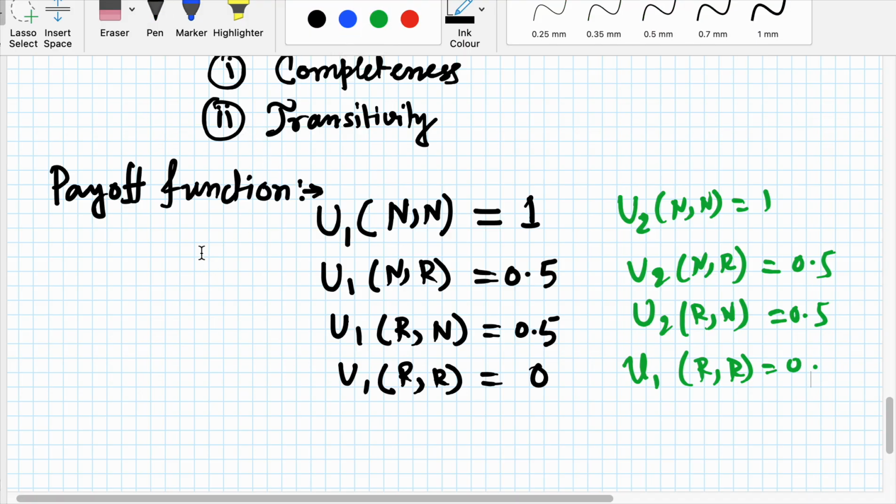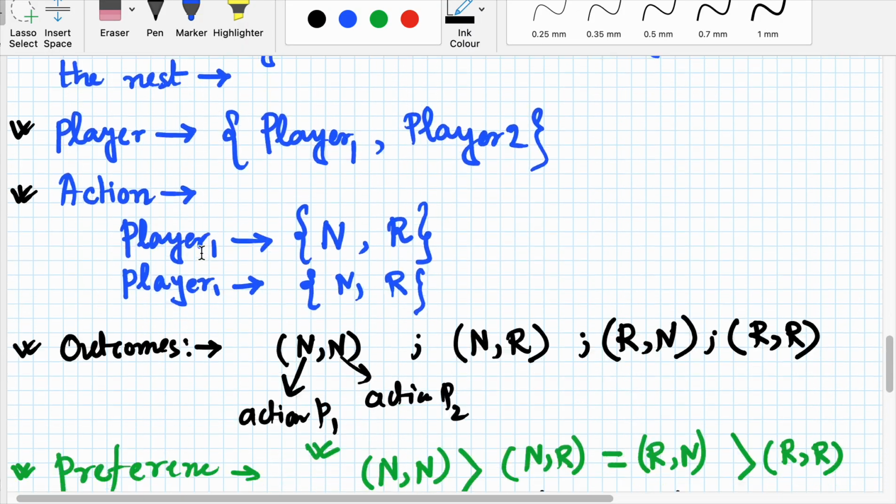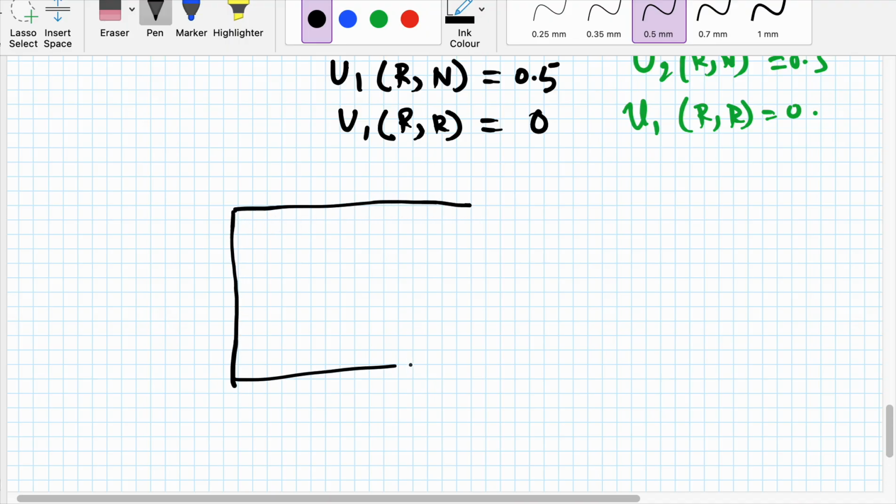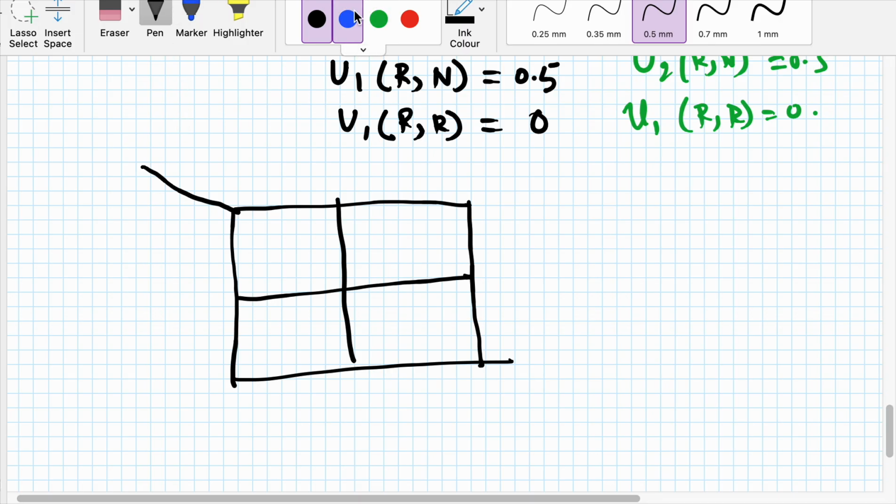So now this is a game, and we are ready for writing a normal form game, represented in tabular form. Suppose this is player 2's action and this is player 1's action.